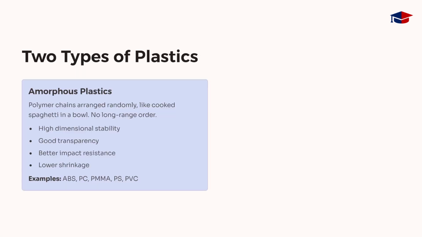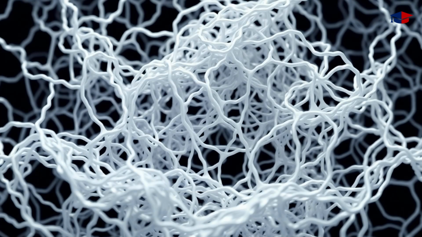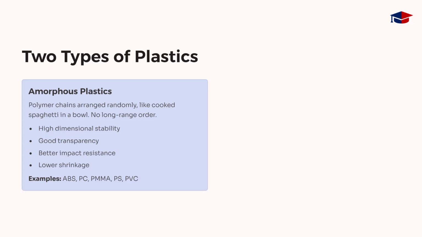Amorphous plastics have polymer chains arranged in a random, disordered manner. There is no repeating pattern or long range order. Because of this random structure, amorphous plastics tend to behave more uniformly in all directions. They usually offer good dimensional stability, lower shrinkage during molding, and excellent impact resistance.